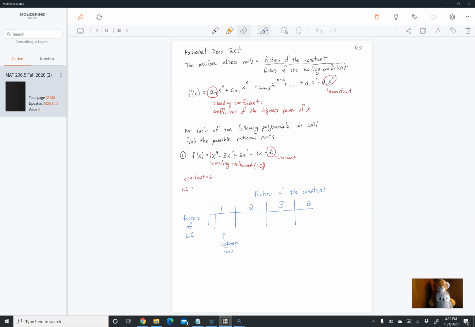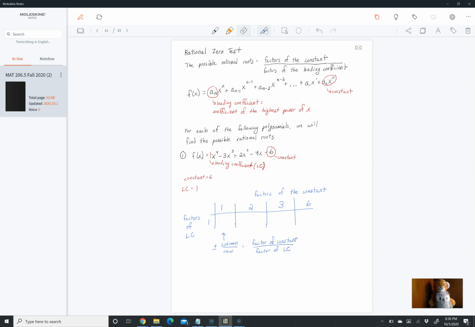It's the factor of the constant over the factor of the leading coefficient. And because everything could be positive or negative, for each of these we're going to put a plus or a minus in front of it.